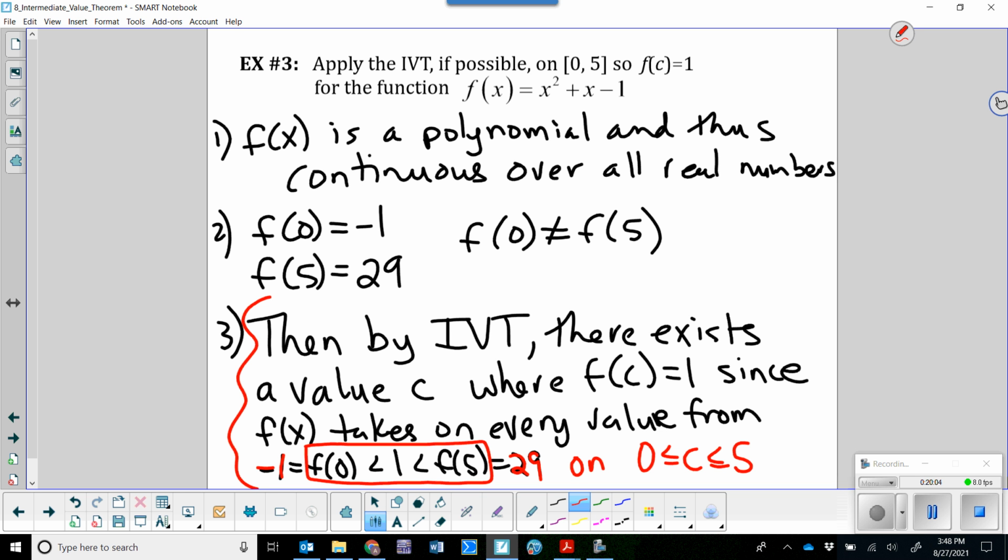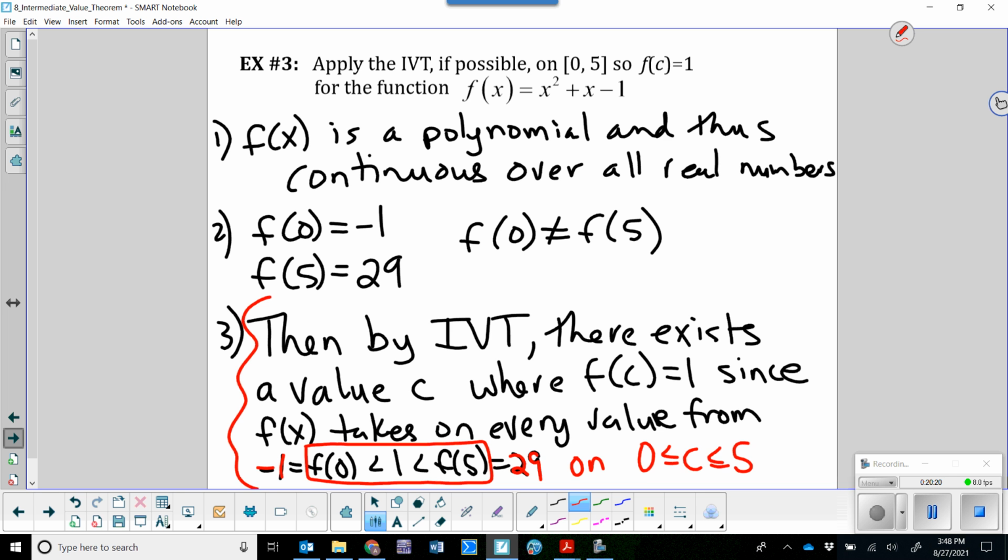If you only put the two values, I feel like you're not quite saying the whole theorem. I just think this is a little more robust to say it that way. And then you're saying, on the interval 0 to 5, okay?